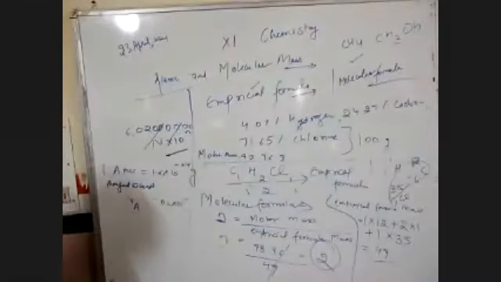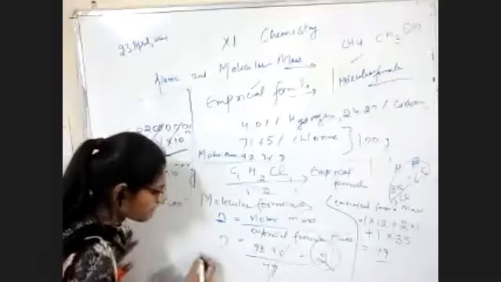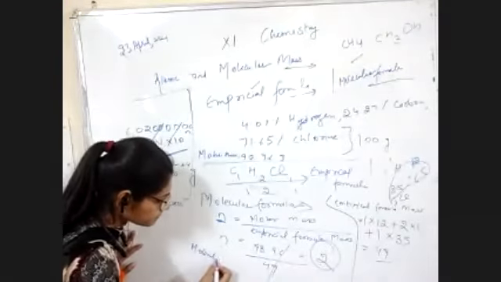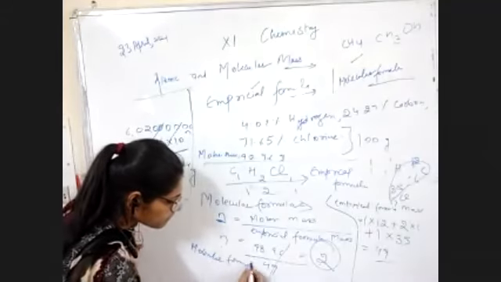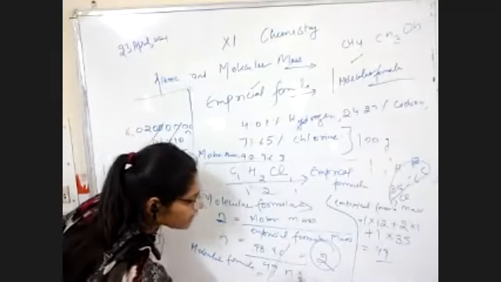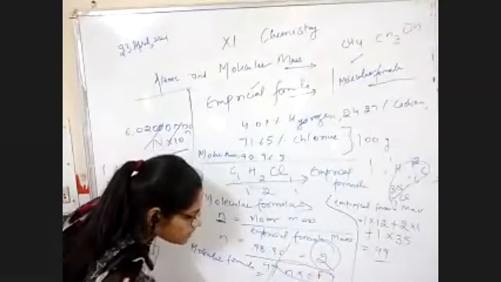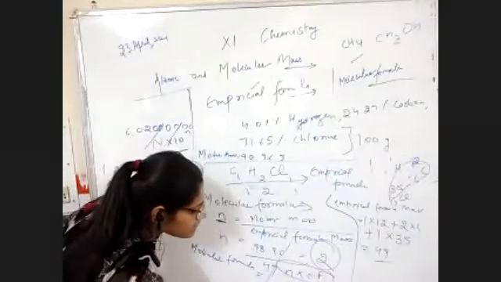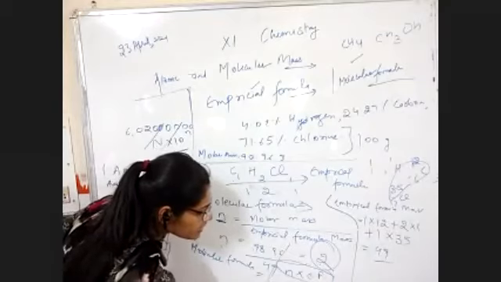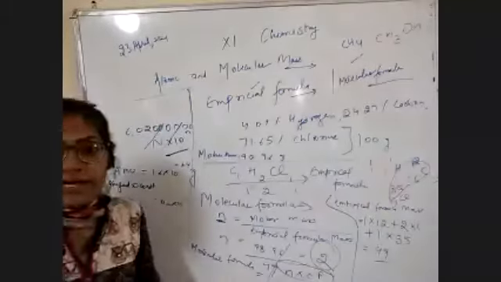So the molecular formula is calculated by n into the empirical formula. And n is 2, the empirical formula is C1H2Cl. So we would multiply by 2.